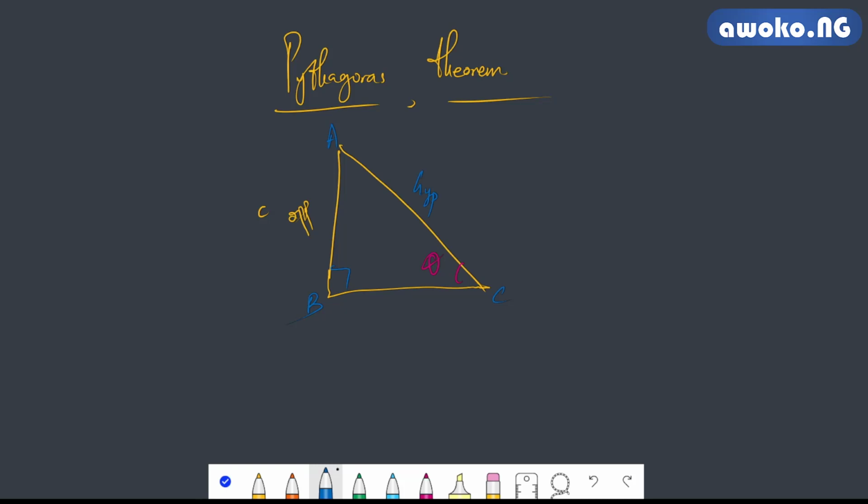And of course, it is usually the longest side in the right angle triangle, and it is denoted with the symbol B.